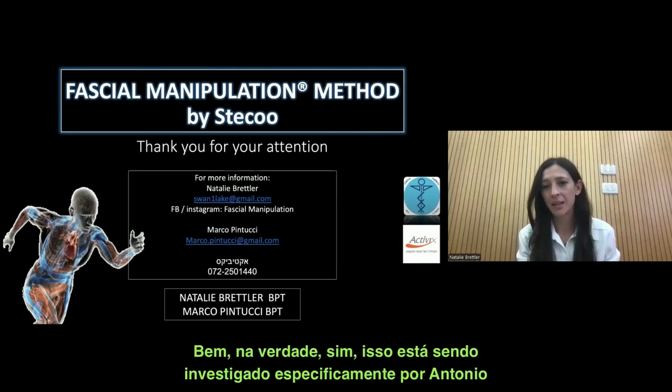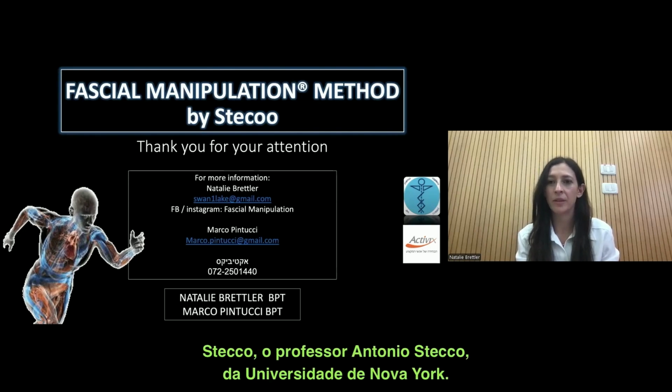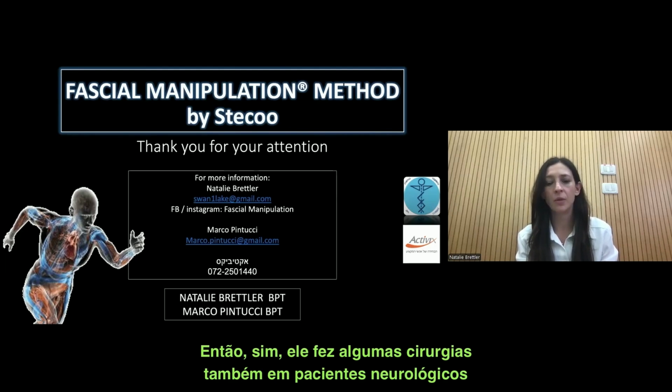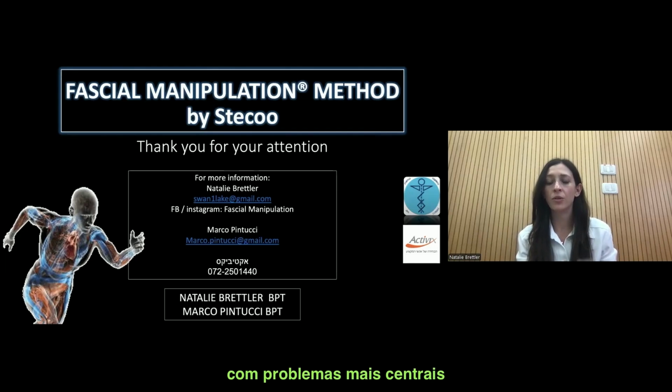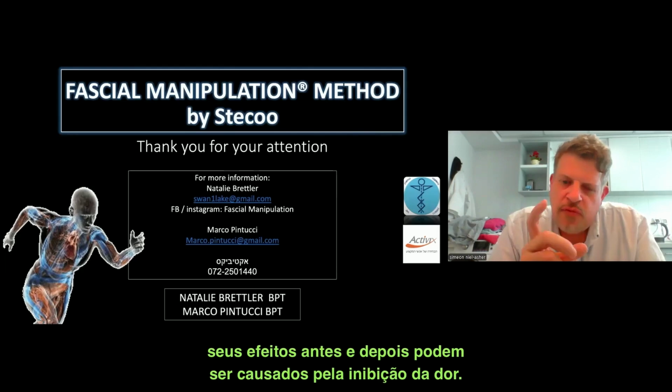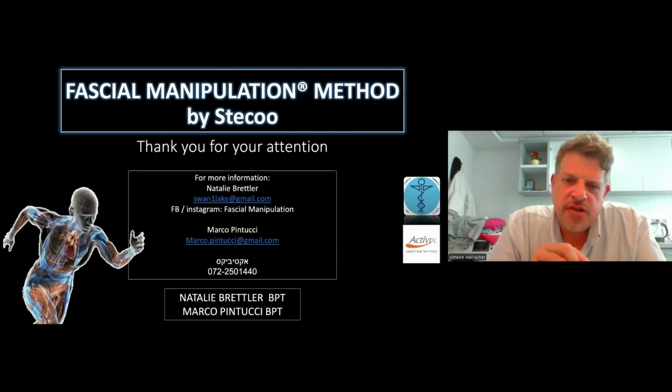Well, actually, yes, it is being investigated specifically by Antonio Stecco, Professor Antonio Stecco, in New York University. So yes, he did a few surgeries also on neurological patients with more central. I'm thinking about the effects, because I'll tell you what I mean, because some of your before and after effects can be from pain inhibition.